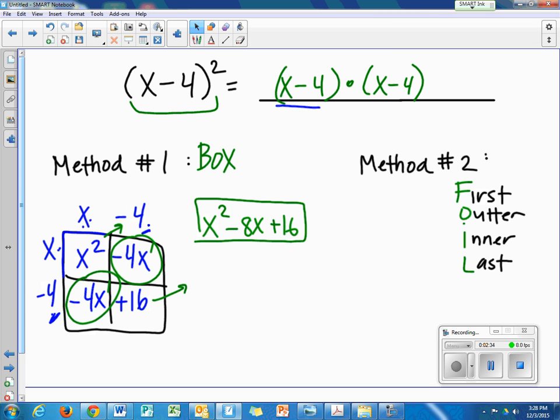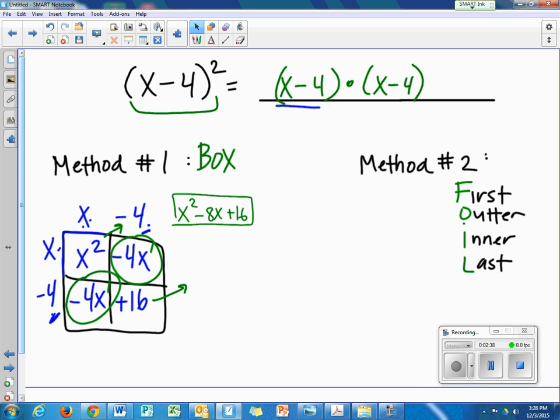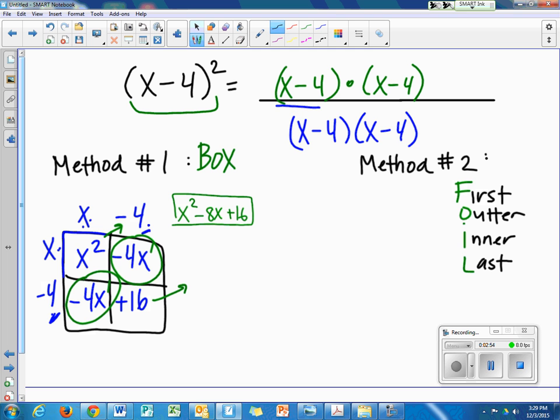Now, on the right hand side, our other method is FOIL. Whichever method you would like to complete is fine. First, I'm going to rewrite it real quick so it's neater. For first, you take the first one of each set and multiply those two, so now you have x squared. You're done with first.